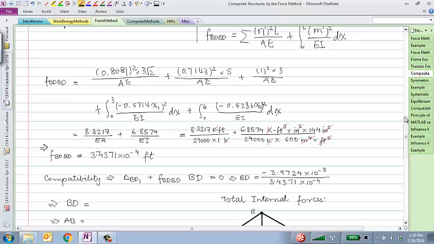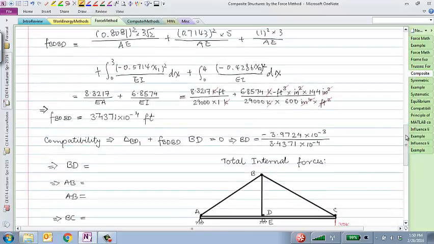Now we need to apply the compatibility equation. So the compatibility equation is just that the delta BD for the determinate system plus the flexibility coefficient, which is due to a unit loading applied to that member, times the real internal force should be 0. So the unknown we're solving for is this BD.